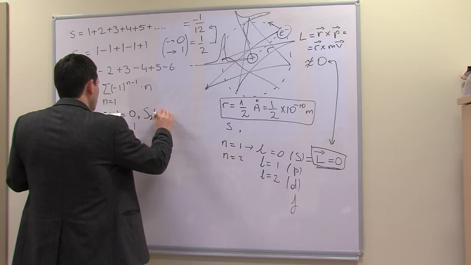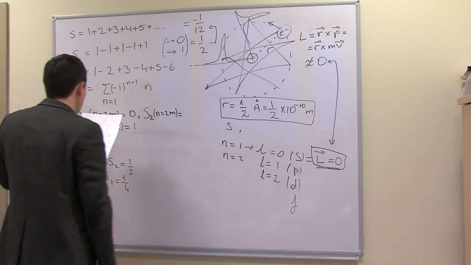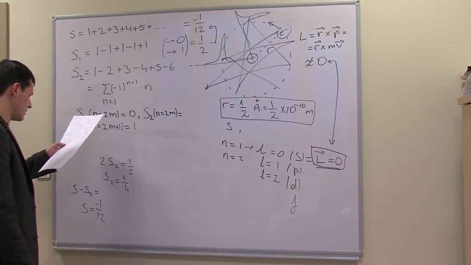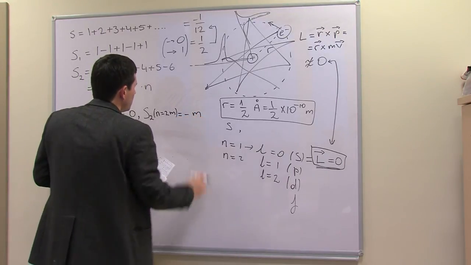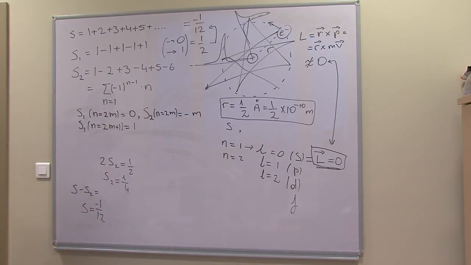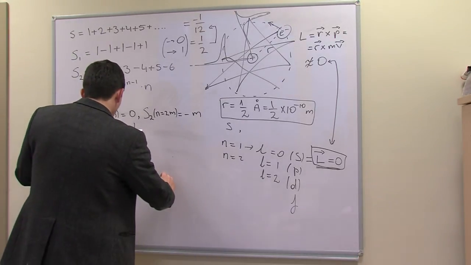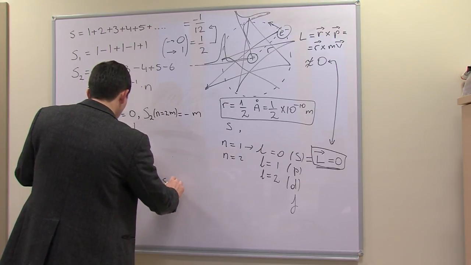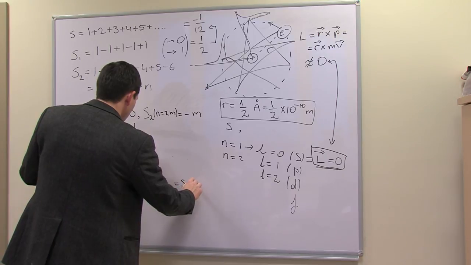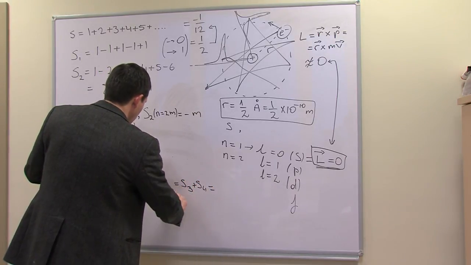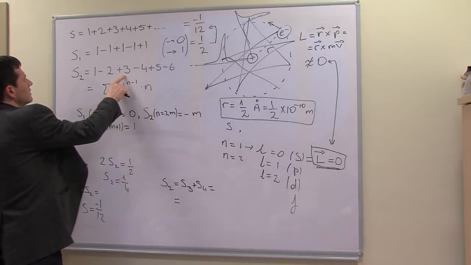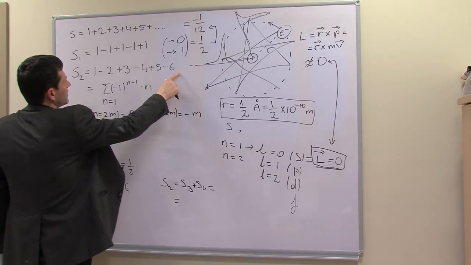S2 when n is equal to 2m, this S2 would be equal to minus m. That's what S2 would be equal to. And one way to prove this is that this S2, we can write as S3 plus S4, where S3 can include adding 1 plus 3 plus 5 plus 7.